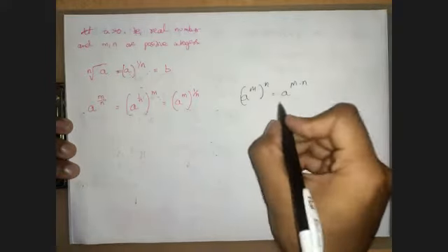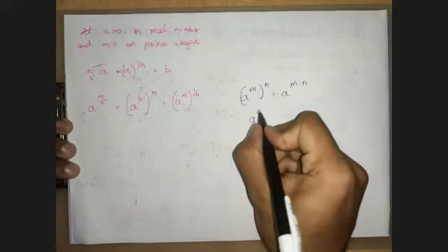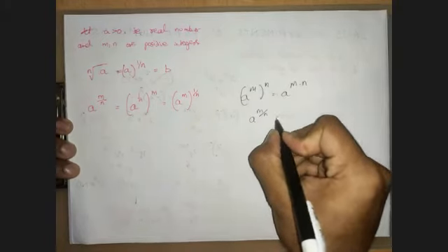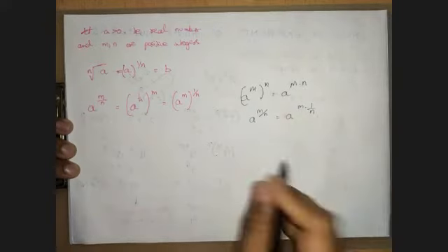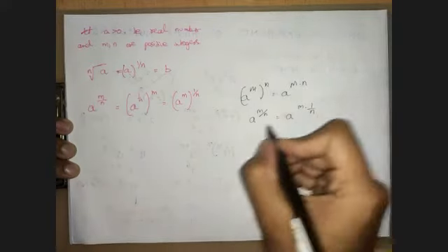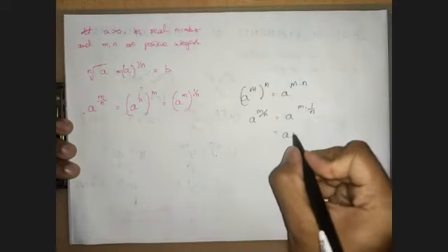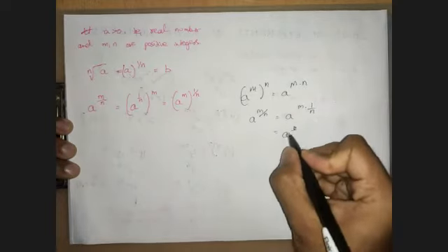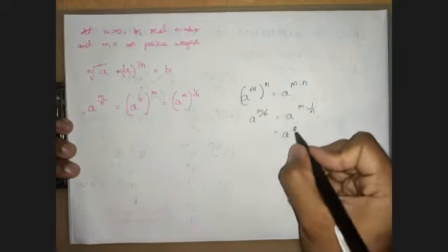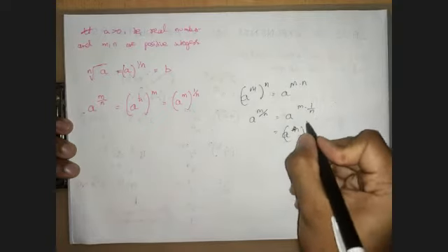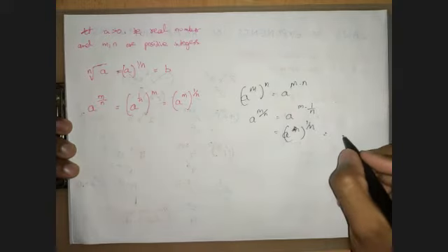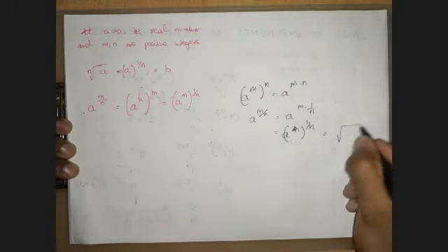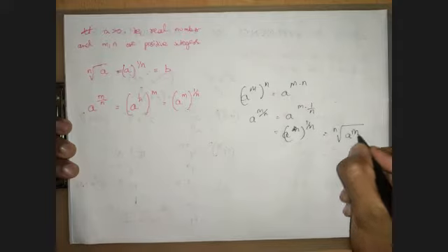So I can write a power m by n as a power m into 1 by n, right? So this would be a power m whole power 1 by n. So I can also write this as nth root of a power m, right?